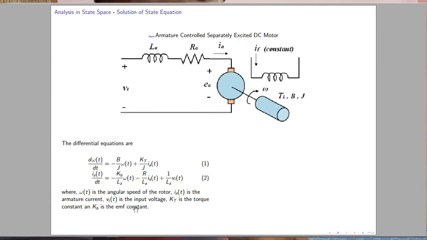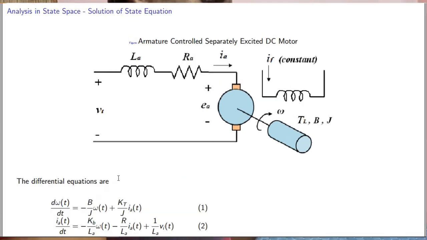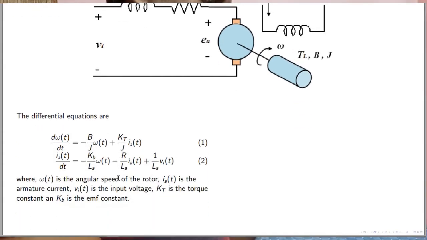I am not going to explain how we get it. These things have already been covered in previous lectures, so I don't take those modeling aspects again. So anyhow, I get these differential equations. So let us have a look at the notations used.